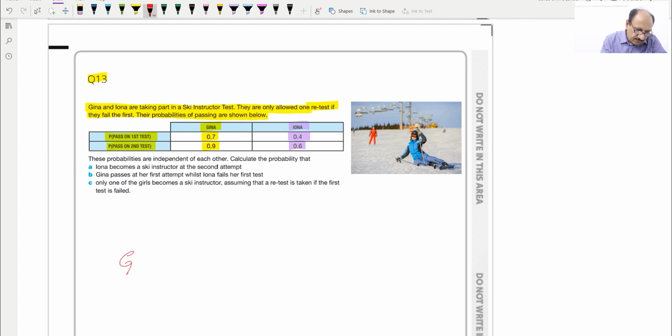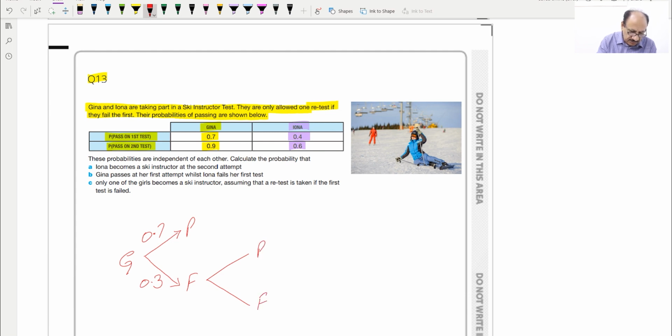So Gina has a first test passing probability of 0.7. So pass first test will be 0.7 probability, and failing will be 0.3. Next, on the second test, there is second test pass and second test fail.